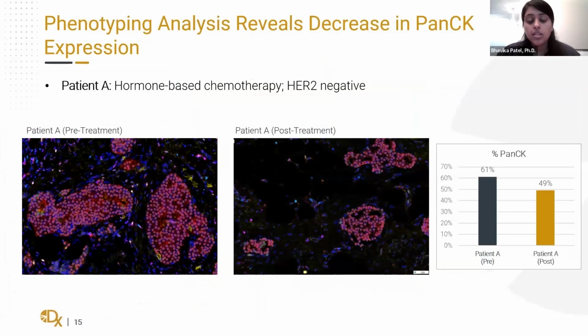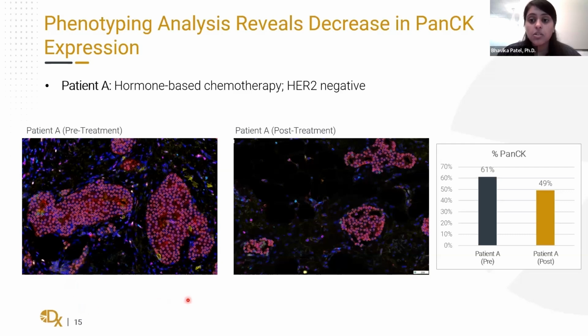Patient A was a 66-year-old with ductal cancer and a HER2-negative tumor that was treated using hormone-based chemotherapy followed by radiation. Here, we see one field of view region for the pre-treatment biopsy on the left-hand side. All pan-CK positive cells, including those that are dual positive with another biomarker, are labeled with the colored dot in this image.